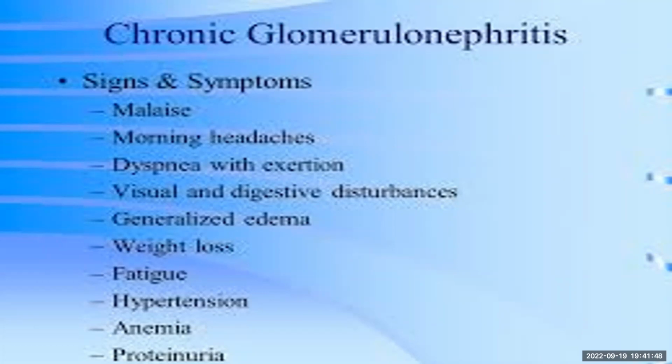When there is protein excretion from the body, it may lead to weight loss, and in order to compensate for that, the body will retain fluid. Also, when there is decreased GFR, water will be retained in the body, which leads to generalized edema. Generalized edema is known as anasarca.